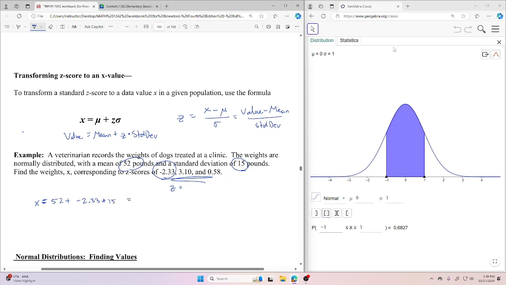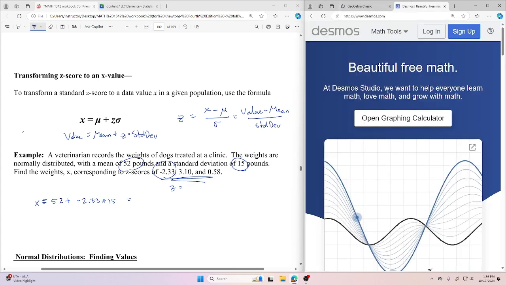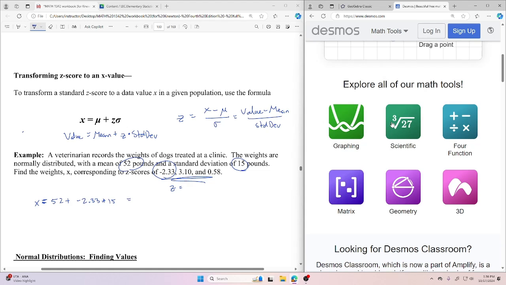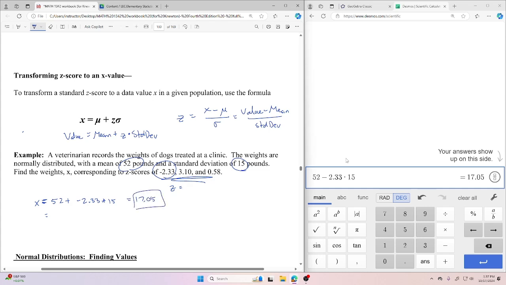Let me pull up Desmos for this, because we're just doing scientific calculator stuff. So 52 minus 2.33 times 15. And again, plus a negative or just minus, either way. I got 17.05. And so that's in pounds. Pounds.